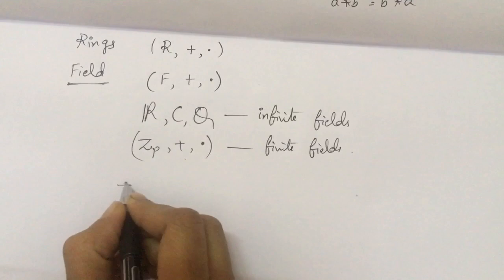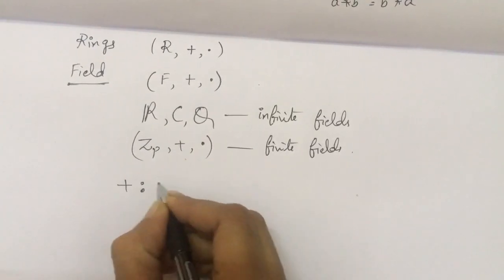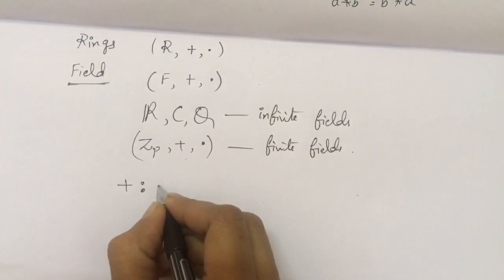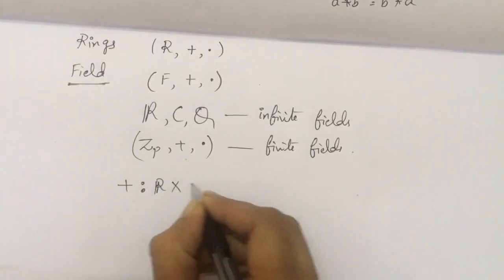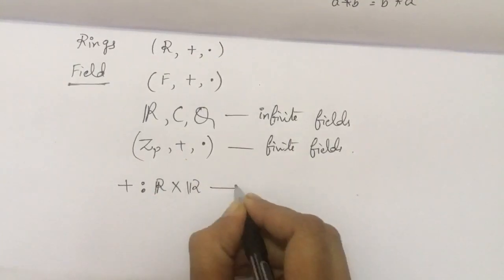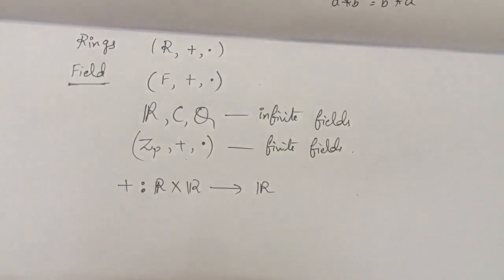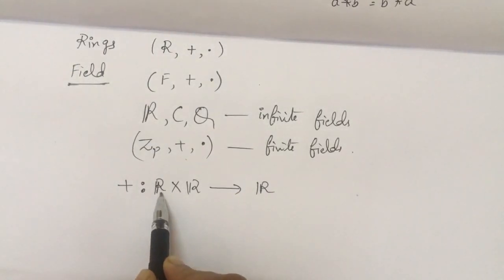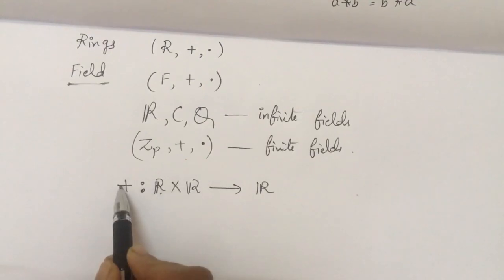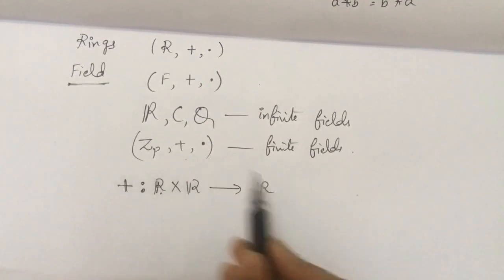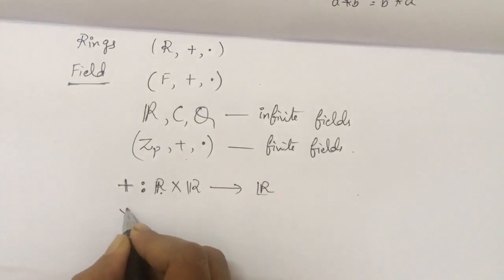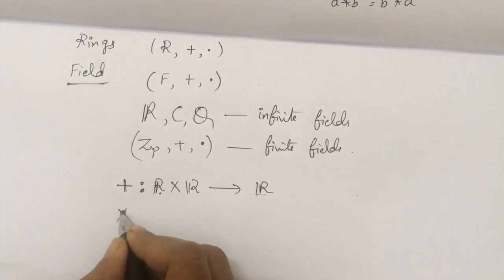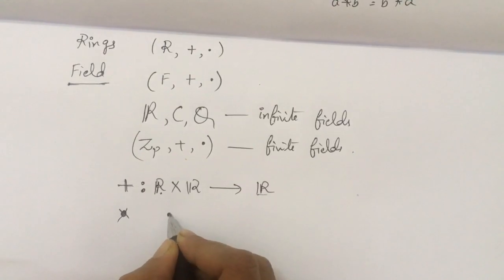Like if I take addition as a binary operation, I'm defining it from the set of real numbers cross the set of real numbers to the set of real numbers. It means I take elements from this set and do the binary operation addition, and the resultant element is in the set R. When I consider multiplication, it is always written as dot.